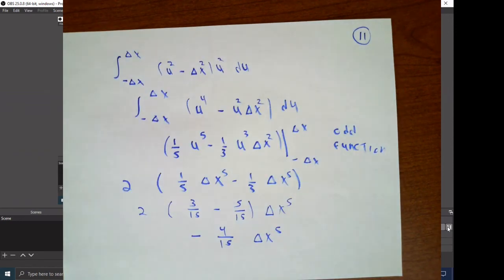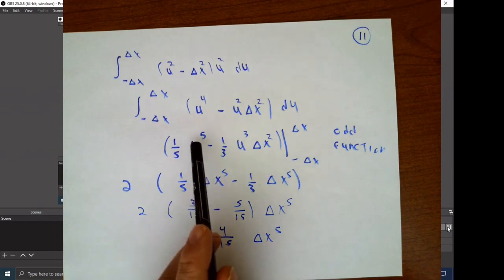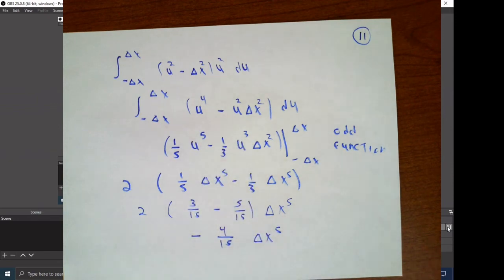Evaluating this is straightforward, but note this time, after finding the antiderivative, you have an odd function of u. Putting delta x and negative delta x in for u will not result in cancellation, but rather reinforcement. When all is said and done, this integral simplifies to negative 4 over 15 delta x to the 5th power.